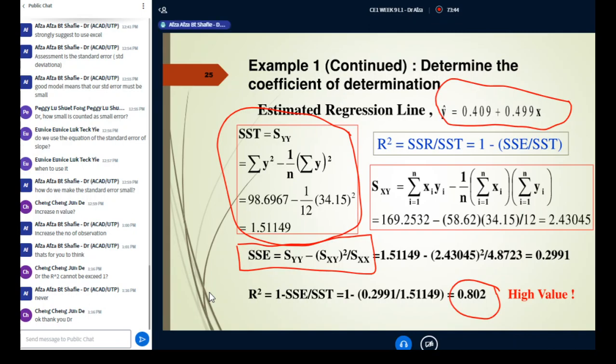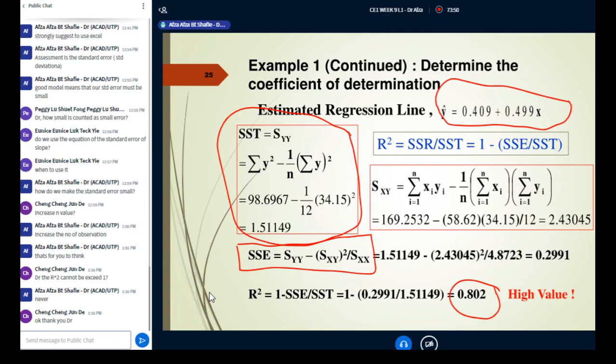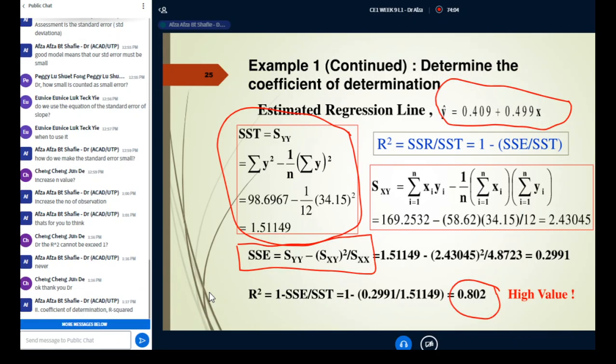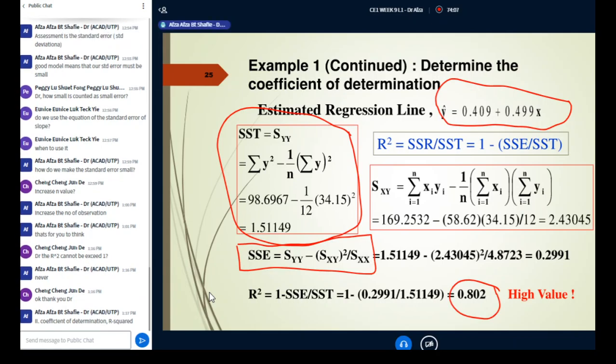Any questions? You're okay? So we look at the second one, which is the coefficient of determination, or the R square. We want R squared.